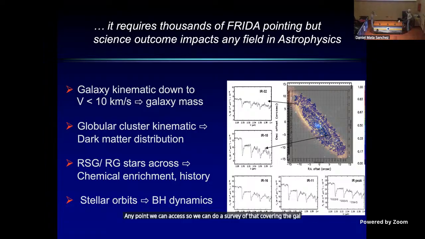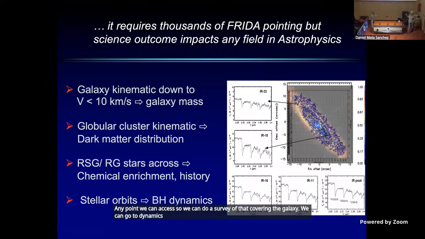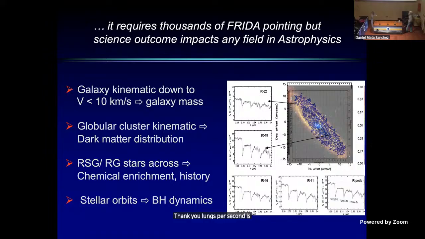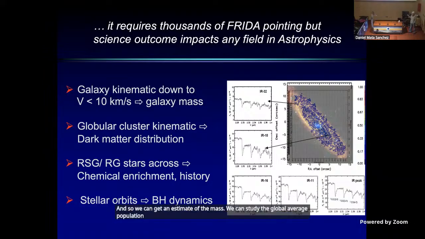We can go to dynamics. We have very high spectral resolution. We have the ability to get down to 10 kilometers per second with the spectrum. And so we can get a direct estimate of the mass. We can study the globular cluster population. There are hundreds of them. These globular clusters are old systems.